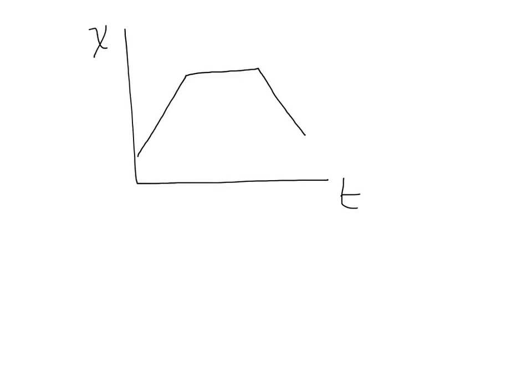Okay, if you break that graph up into parts, A, B, and C, what's going on? In A, we start at some point away from the origin in the positive direction.